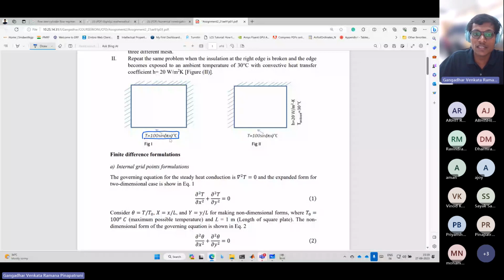That heat source varies as a sine function, increasing and decreasing with a mean of 100 sin(πx), like this. Here it is more temperature maybe, and here less temperature, and more and less, varying from left to right. And the other three edges are insulated.